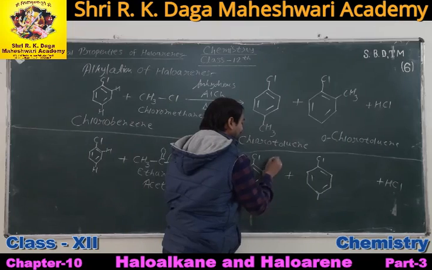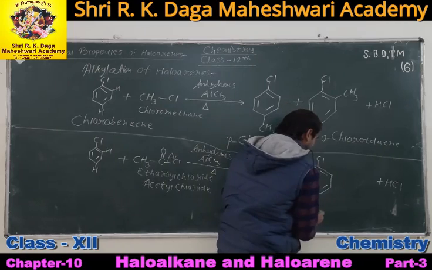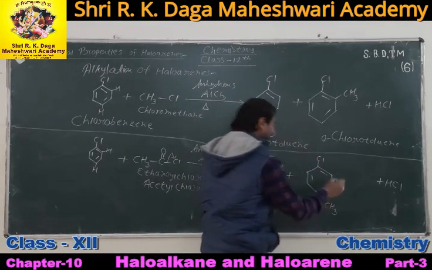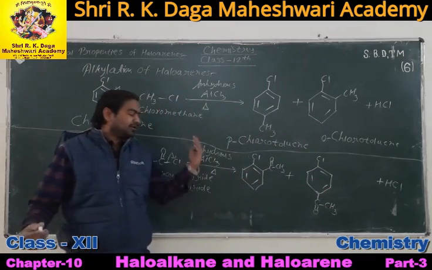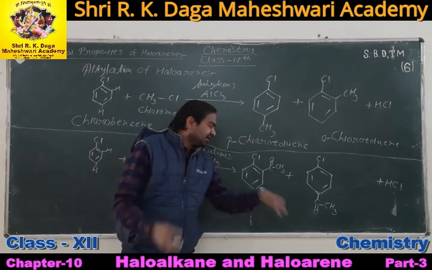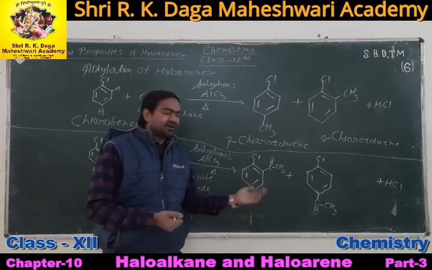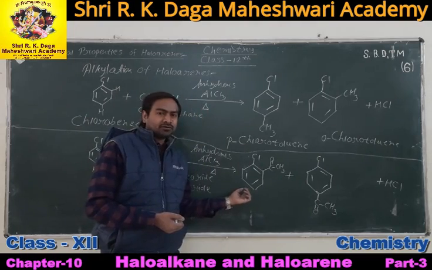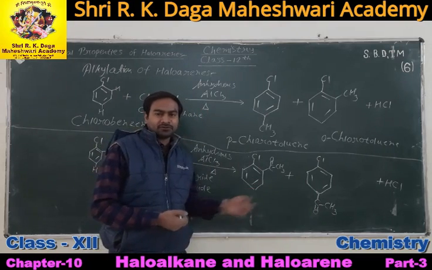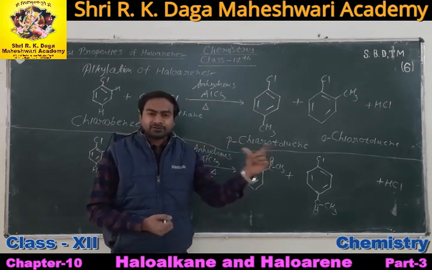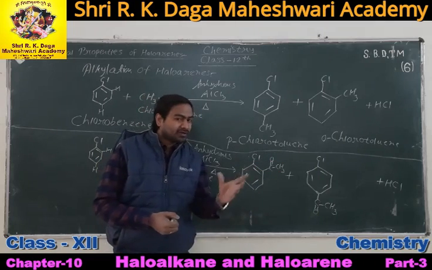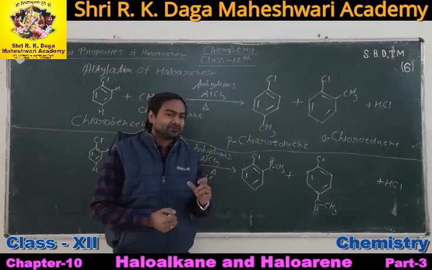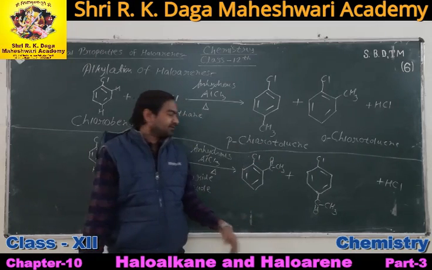We get COCH3 at the ortho position and COCH3 at the para position. They are known as orthochloroacetophenone and para-chloroacetophenone.